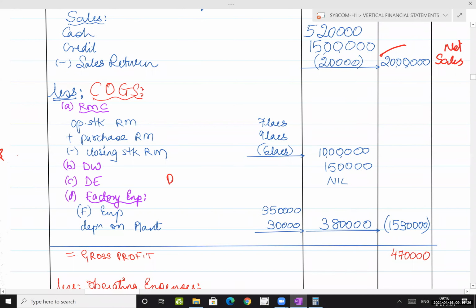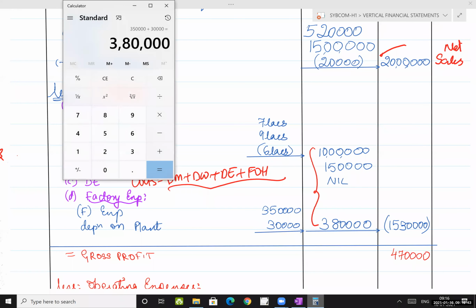COGS is what? Direct material plus direct wages plus direct expenses plus factory overheads. This gives me COGS. ठीक है, तो ये चारों को ऐड करना है. So 3 lakh 80 plus 1 lakh 50 plus 10 lakhs.